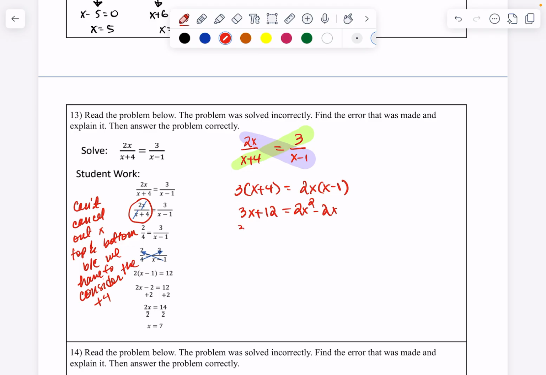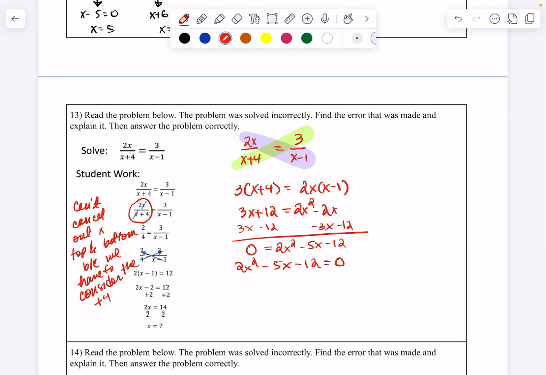So minus 3x, and then minus 12, which leads to 2x squared minus 5x minus 12 equals 0. Notice how I moved everything to the right-hand side instead of the left-hand side, but we could also rewrite it as 2x squared minus 5x minus 12 equals 0 because our eye is used to seeing it that way. So it's fine if you do it that way too.